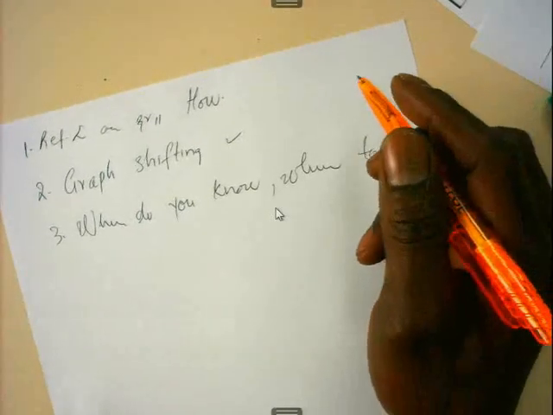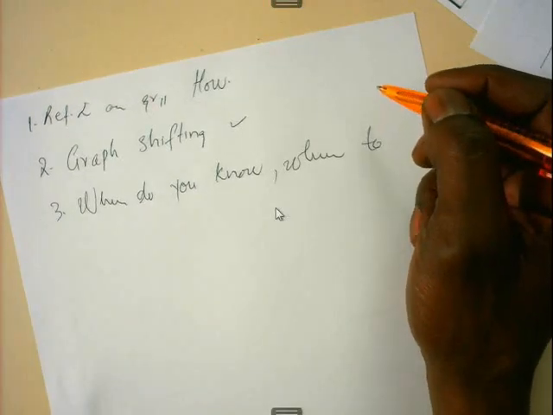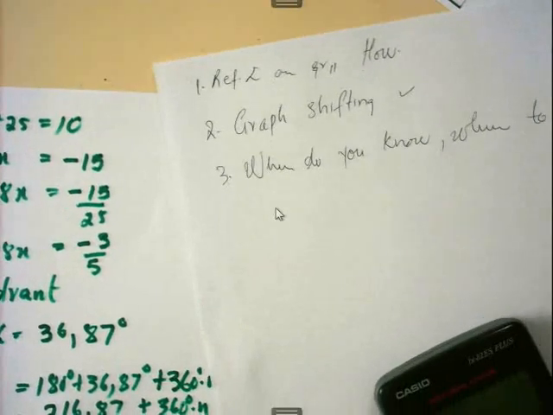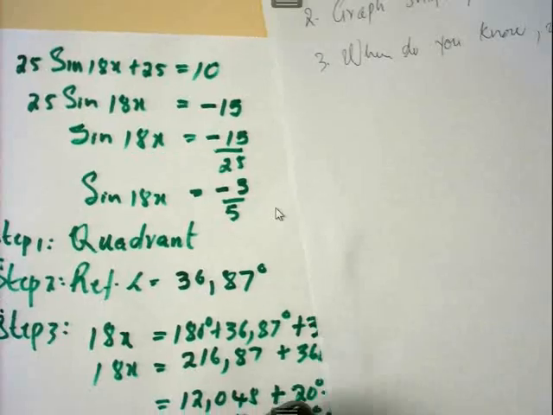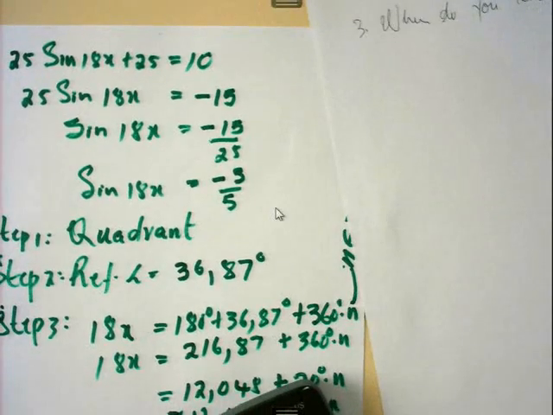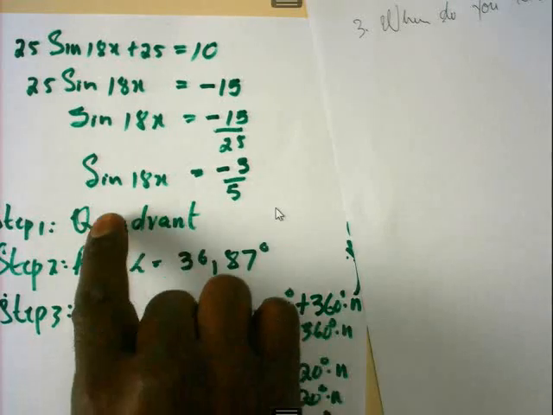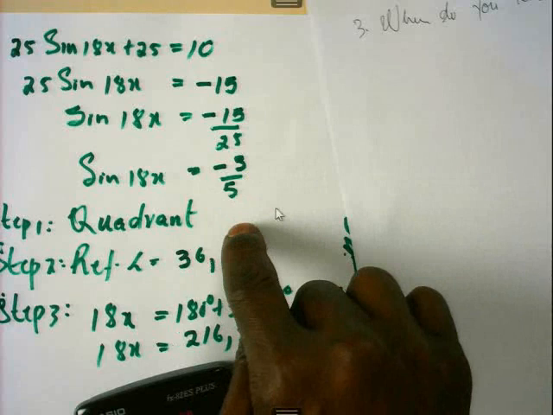Okay, let's go to the questions. The first question was asking about how to find the reference angle, especially on that question of grade 11. So we had sine 18x equals minus 3 over 5.